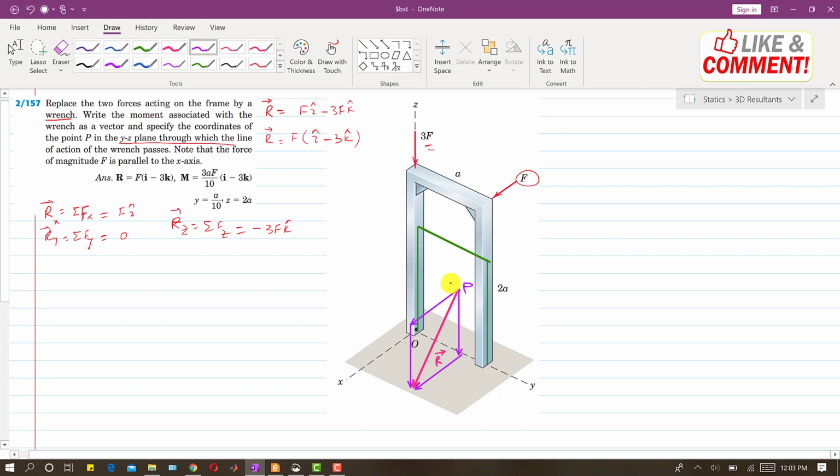So we need to find the coordinates of this point P in the YZ plane. Let's say that the distance of this point P from this Z axis along Y is equal to y. Let's mention that dimension. Let's say that this distance is y, right? And let's say that this distance along the Z axis is z.